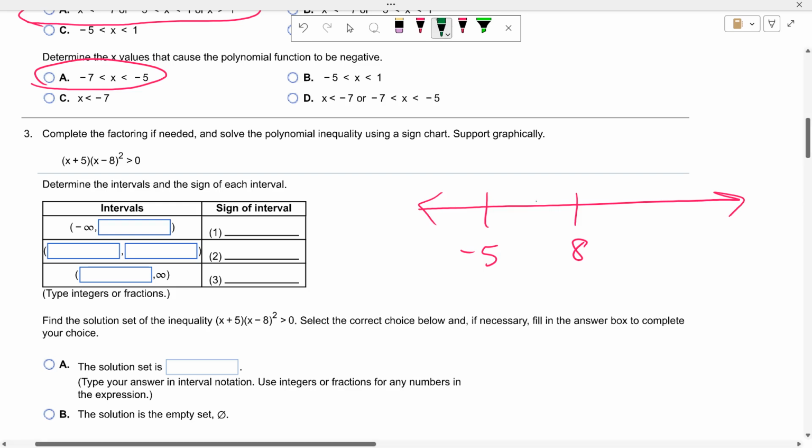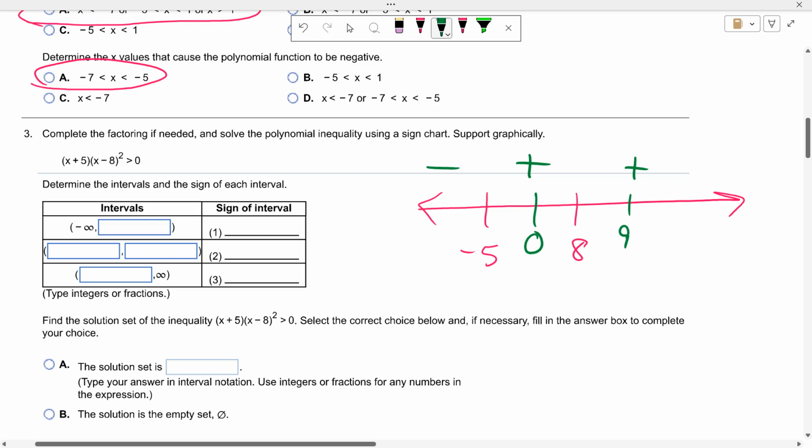The easiest number to work with. 0. So if I put in a 0 here, I get a positive times a negative squared, which is a positive. So that's positive here. After 8, so at like 9, it's going to be positive. And then below here, it's going to be negative.